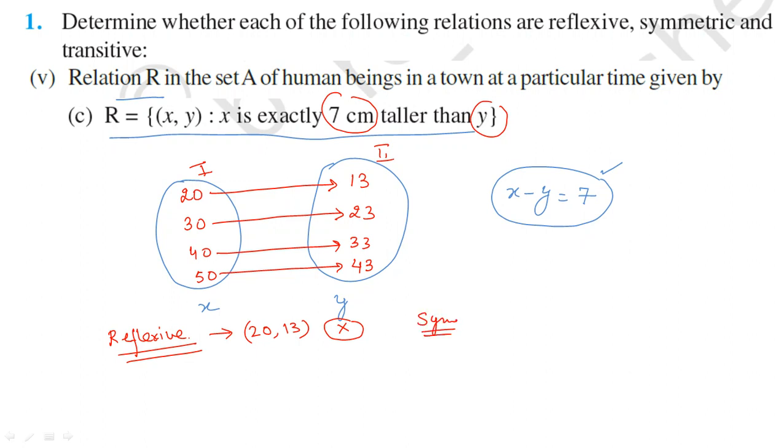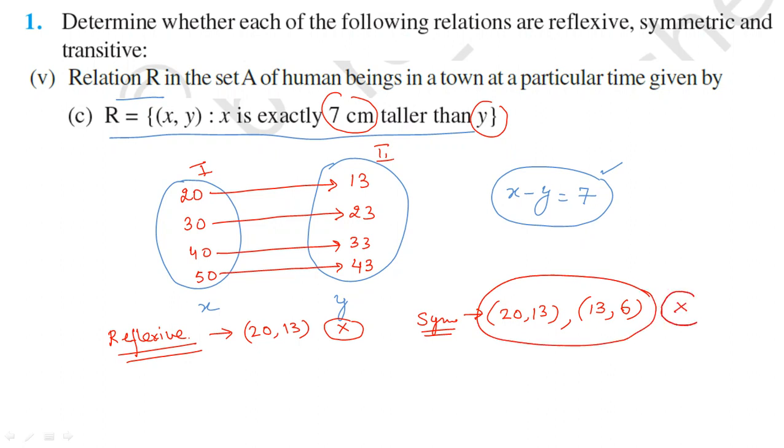Inside symmetric, by inserting 20, I get the value as 13. By inserting 13, I will get answer as 6. This one is again not satisfied. It means symmetric nature is not there inside this relation.